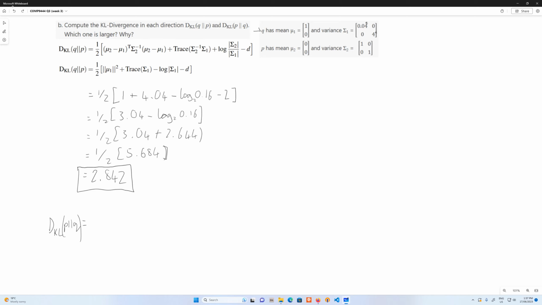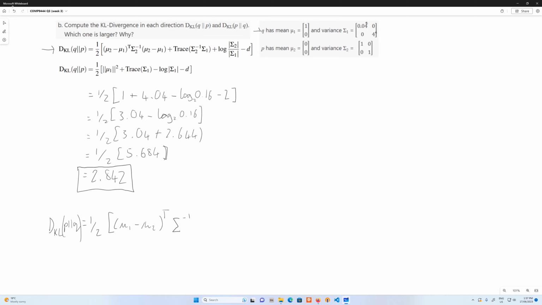Okay. So I'm just going to rewrite this equation the correct way, just so I don't get confused while I'm going. So we need to flip around all of the numbers. So going this way, we have mu1 minus mu2. Take the transpose of that.